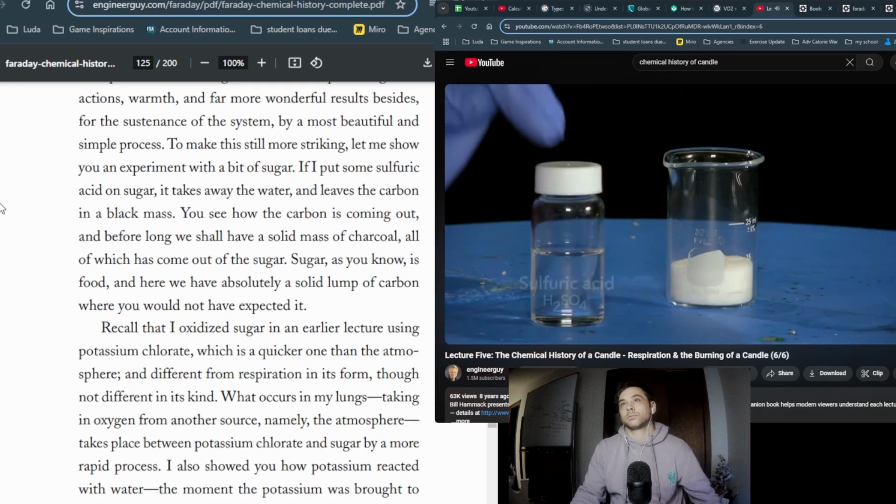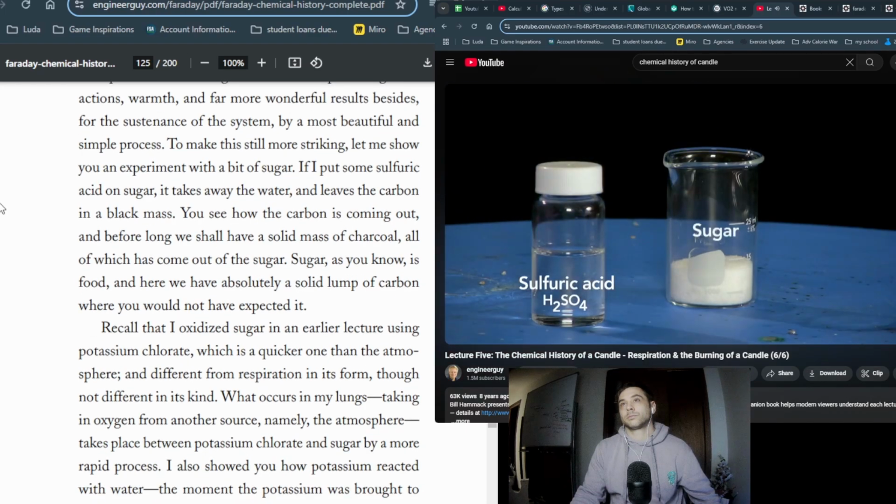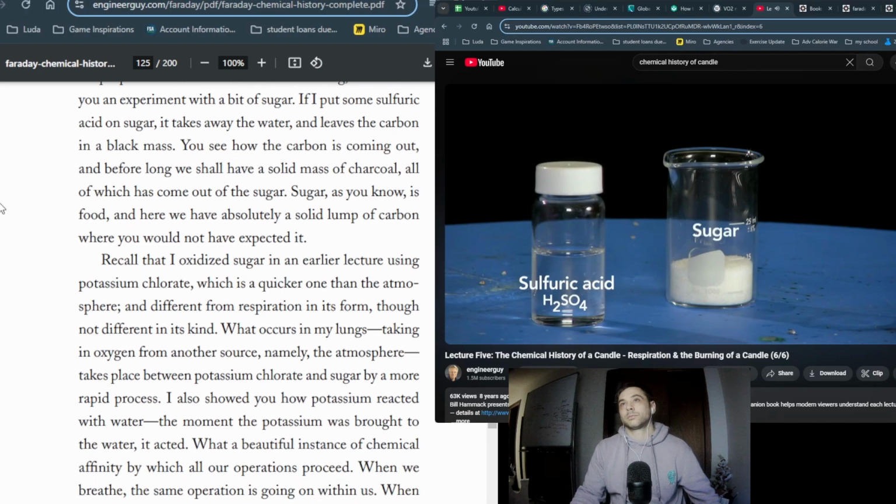If I put some sulfuric acid on sugar, it takes away the water and leaves the carbon in a black mass.